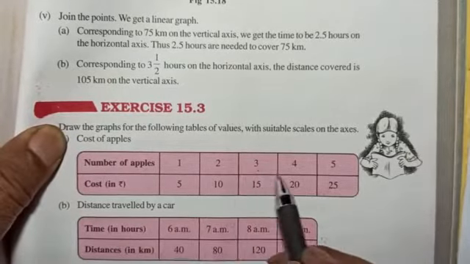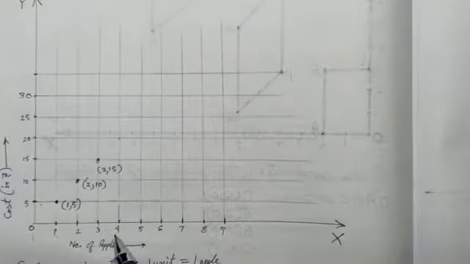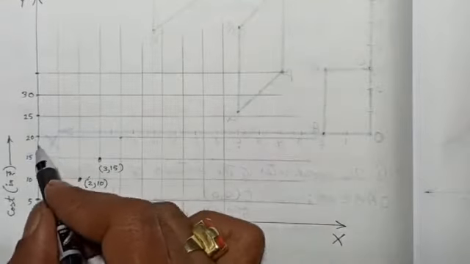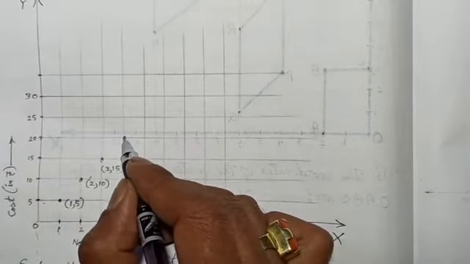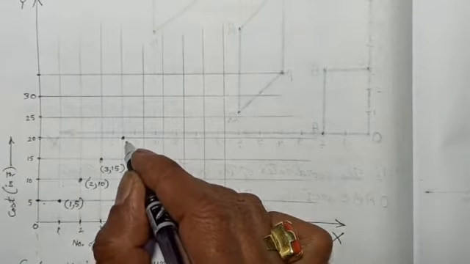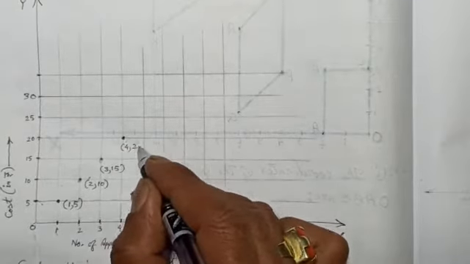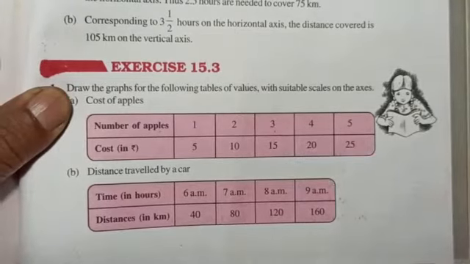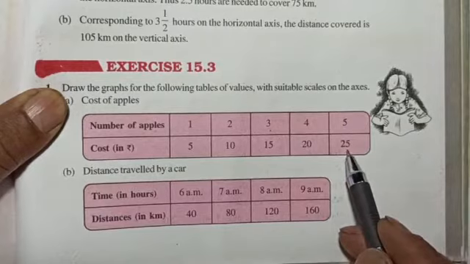And next is number of apples 4, cost is 20, 4, 20. So number of apples 4 is here, drawing a perpendicular line, and cost rupees 20 here, drawing another perpendicular line, and the two lines intersect here, and the coordinate of this point is 4 and 20. Next is number of apples 5 and cost is rupees 25.